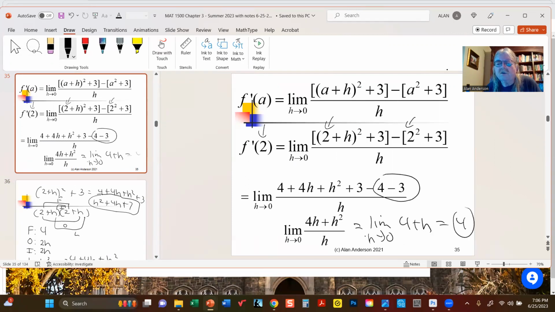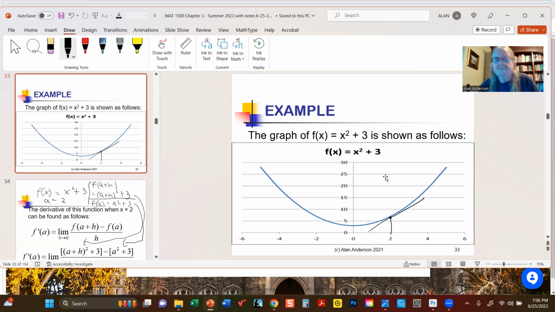And that just gives us 4. So that means the derivative of this function when x equals 2 is 4. Or think of it this way, the slope of this tangent line is 4. It'll be different at every other value of x.